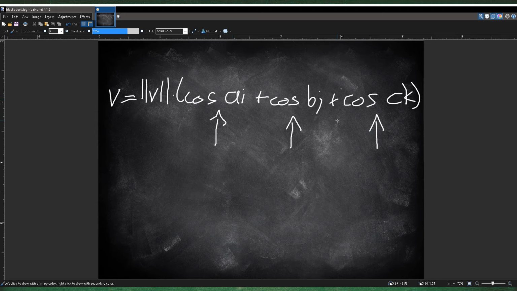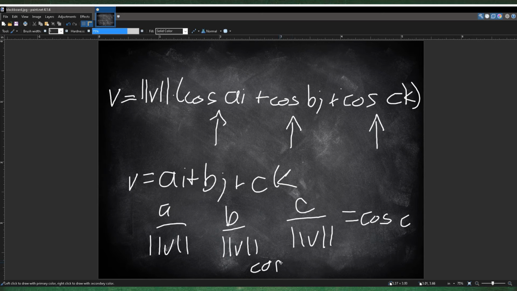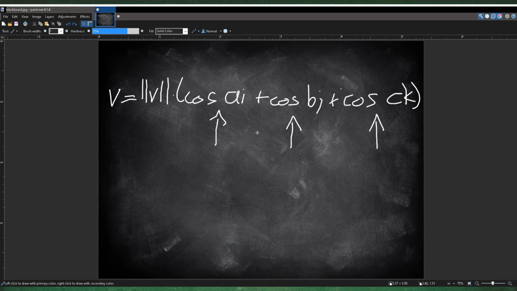Cosine A, cosine B, and cosine C are the same as when we had the vector Ai plus Bj plus Ck: cosine of A is A over the magnitude of V, cosine of B is B over the magnitude of V, and cosine of C is C over the magnitude of V. So you just find the angles, which is really that simple. These are just directional angles, and that's how you get the polar form.